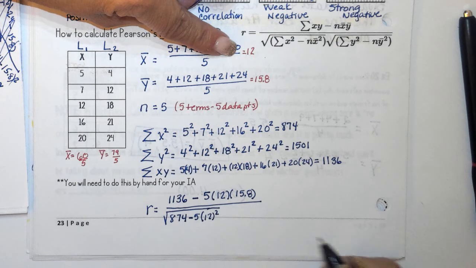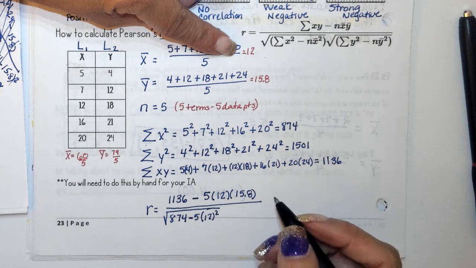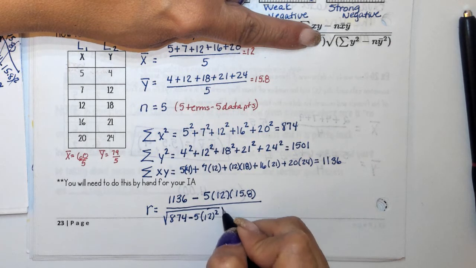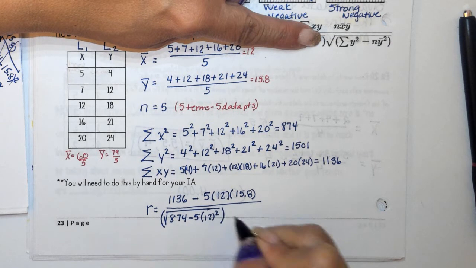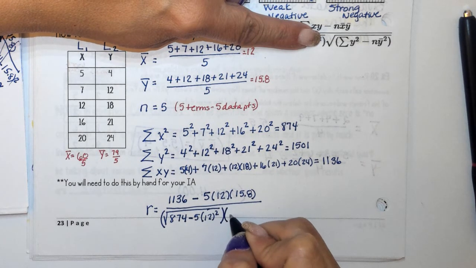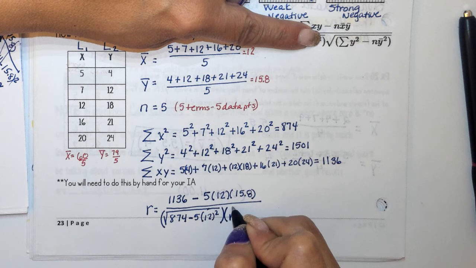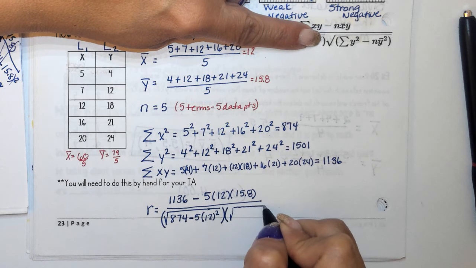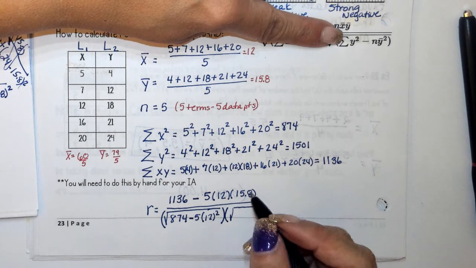I'm going to extend that over a little bit. And then it's multiplied by, so I'm going to go ahead and put parentheses around this, and then another square root of the sum of the y squareds.